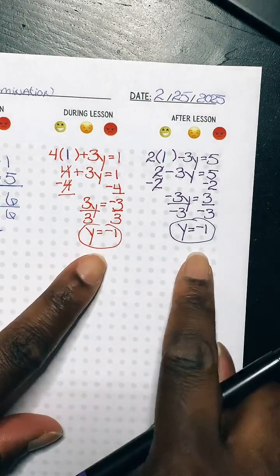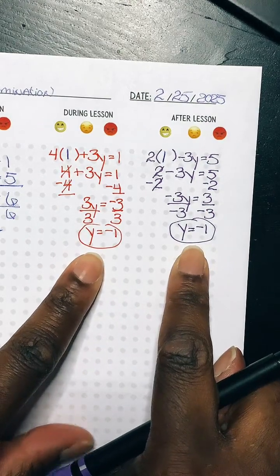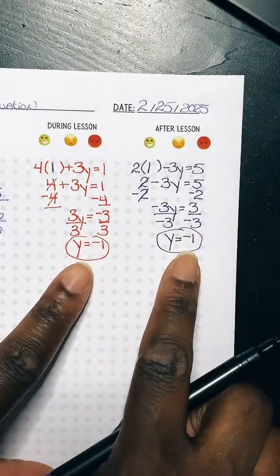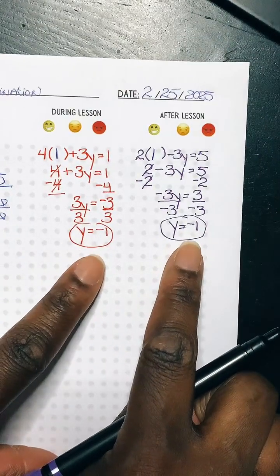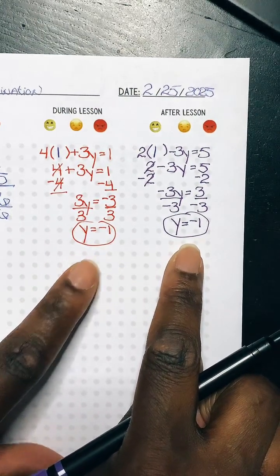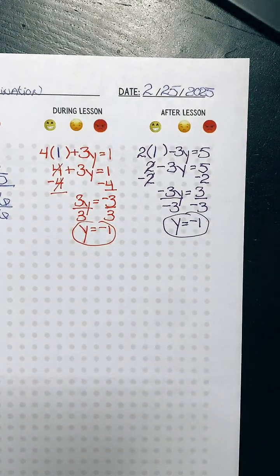So hopefully this shows you that once you find one of your variables, it doesn't matter which of the two equations that you plug into, you're going to get the same answer, all right? So now let's finish it out. What is my point of intersection?